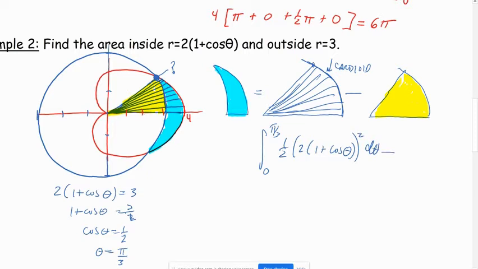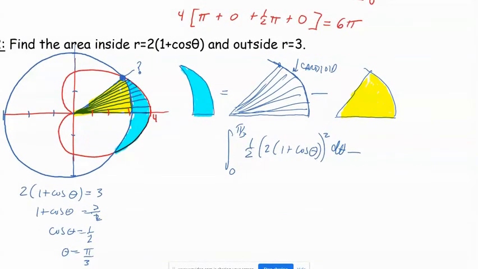And then we're going to subtract the yellow area. Now the yellow area is just a normal sector inside a circle, so we don't have to use calculus to do that, but we can. We can write an integral from 0 to pi over 3, 1/2 r squared. In this case, our radius is 3, so 1/2 of 3 squared d theta.